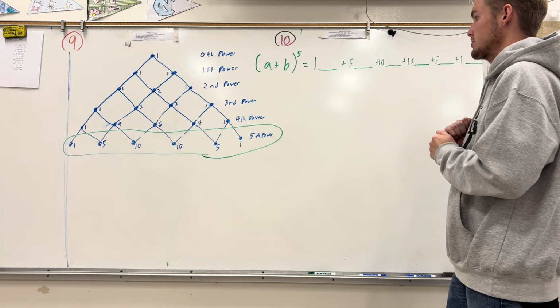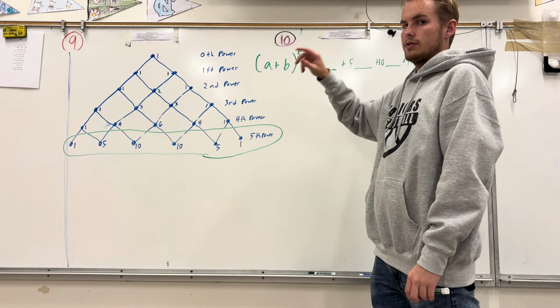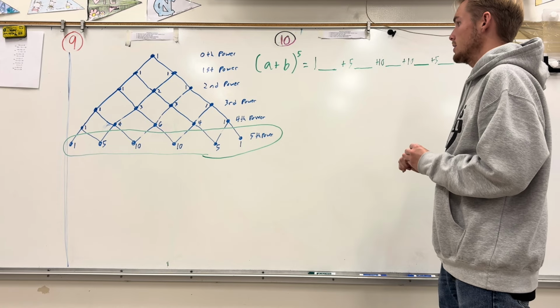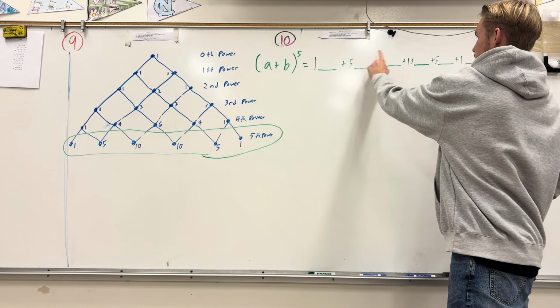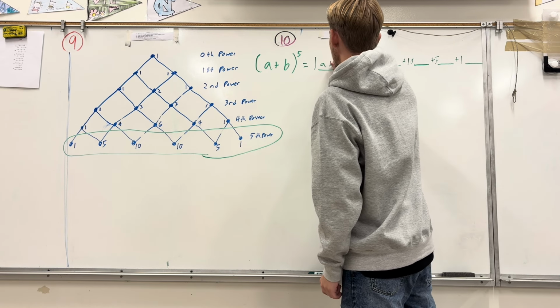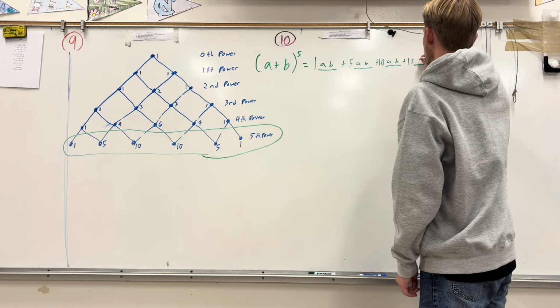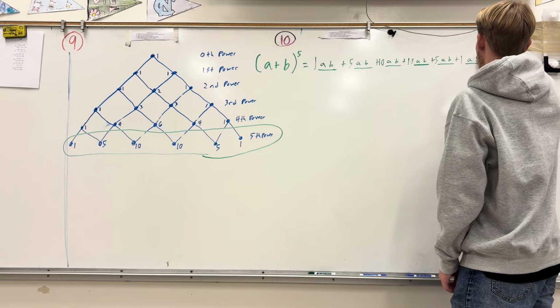Figure out what those two terms are. We have an A and we have a B. So our first term is A, our second term is B. I'm going to multiply those two by each other in every single one of these blank spaces. So in this blank space, I'm going to put AB, and in each of the other blank spaces as well.